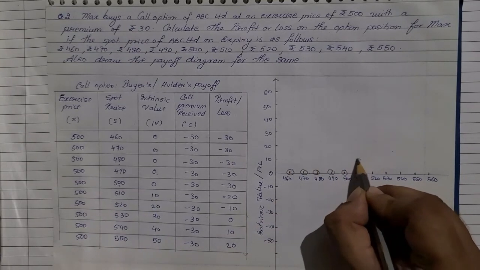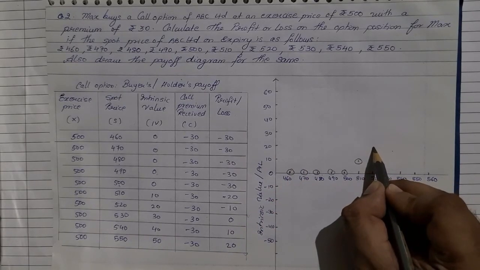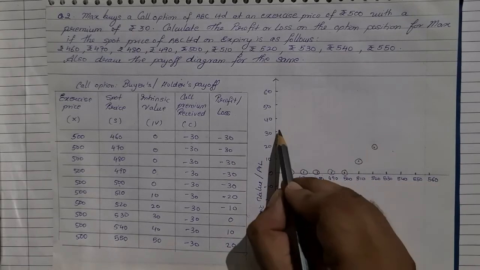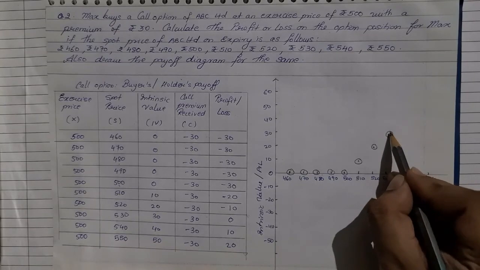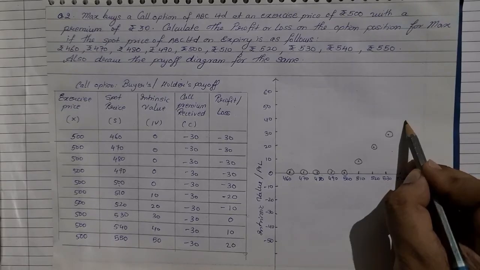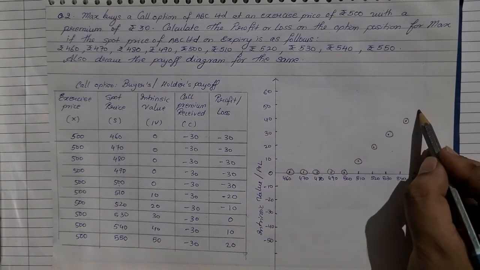So I'll mark that down as 10. At 520 it became 20. At 530 it became 30. Thereafter at 540 it became 40, and at 550 it became 50.